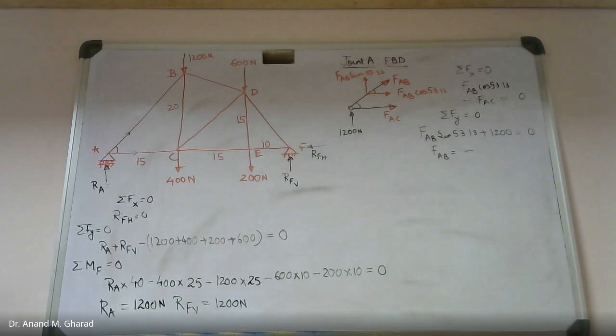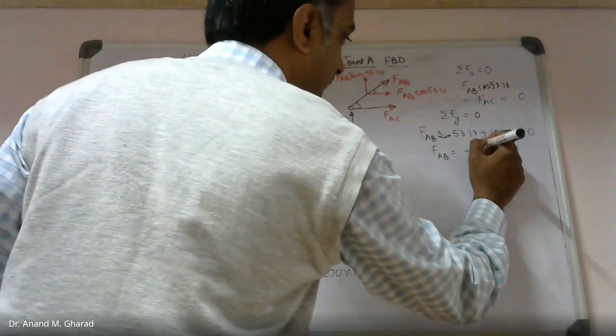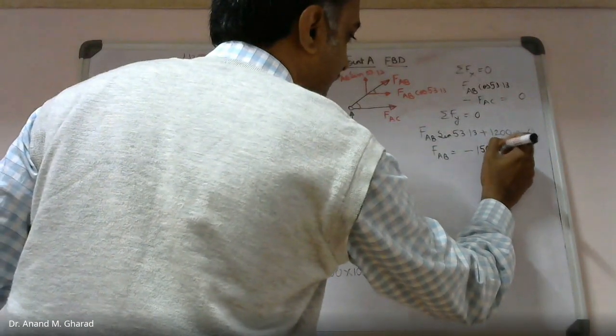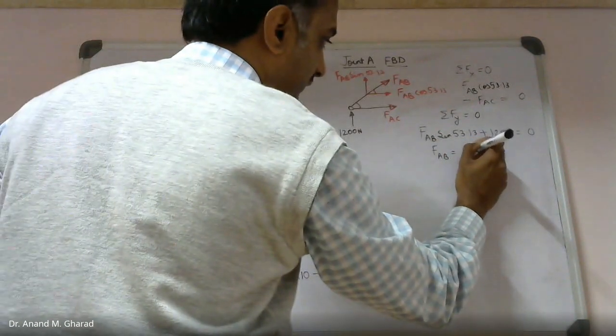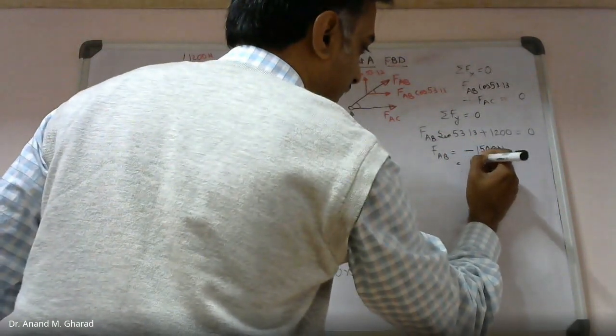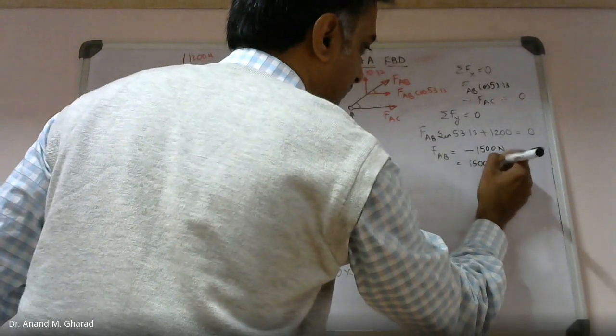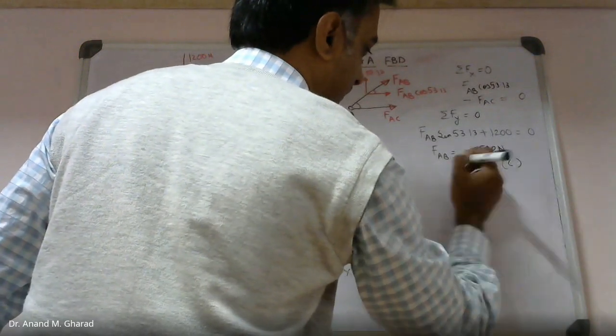Is it 1500? Yes. 1500 Newton. Since this is negative, that means this is 1500 Newton compression. Am I right?